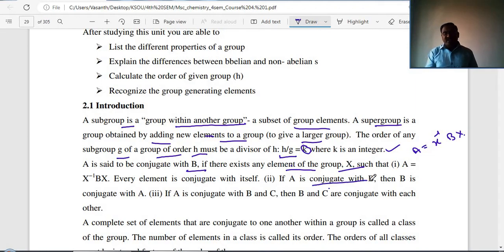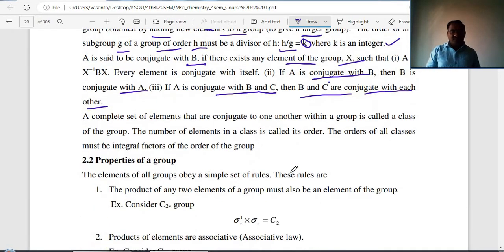If A is conjugate with B, then B is conjugate with A. If A is conjugate with B and C, then B and C are conjugate with each other. These are the definitions of these words in groups.